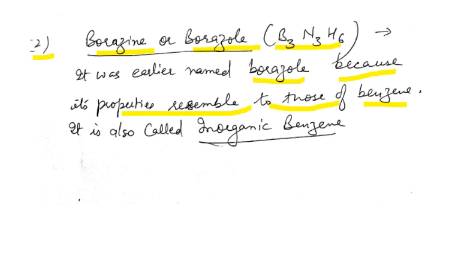This is a very important thing. It is also called inorganic benzene. Understood? So the earlier name of borazine is borazole, and why is it named borazole? Because its properties resemble benzene. It is also called inorganic benzene, B3N3H6.